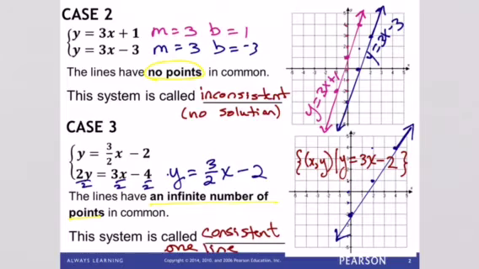Because every single point on this line is a solution to both equations, the solution set is actually the equation of the line. So I probably should have included this in yesterday's notes, but I didn't, so here it is. This is the solution to something that has an infinite number of points.